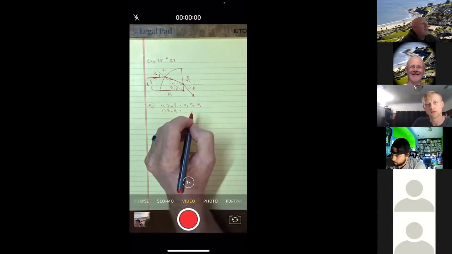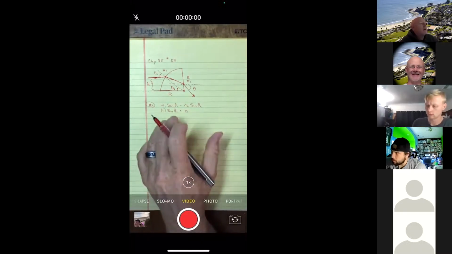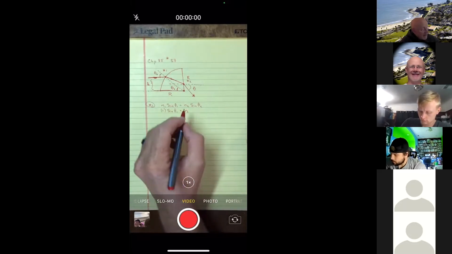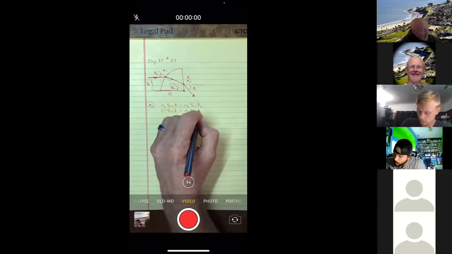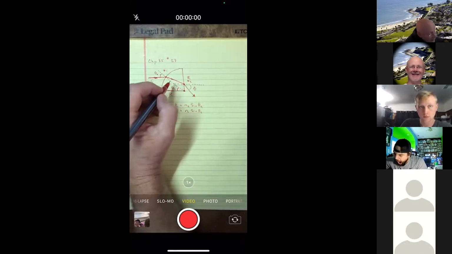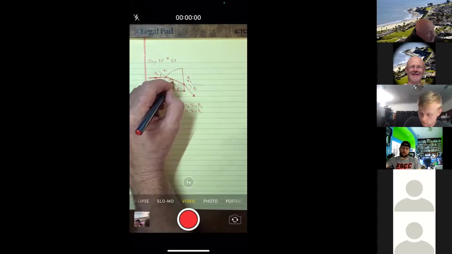Anyways, this goes into the material, whatever it is, so I'll just put index n. And then it would be sine of theta 2. Now theta 2 is this little thing in here.